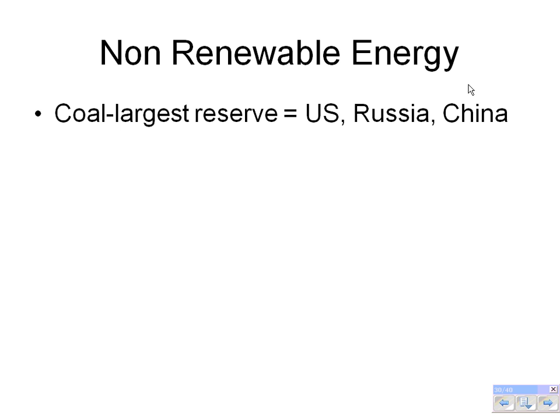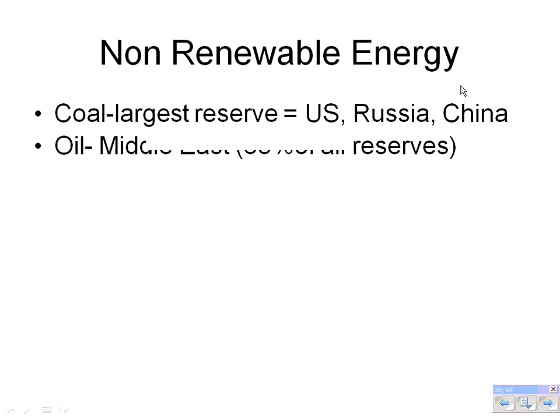Oil. About 65% of all of our reserves, you can see, are found in the Middle East. You should think we have oil in Saudi Arabia, Iraq, Iran, Kuwait, those Middle Eastern countries, as well as Venezuela, Ecuador.